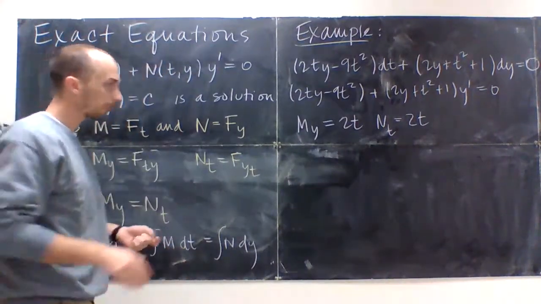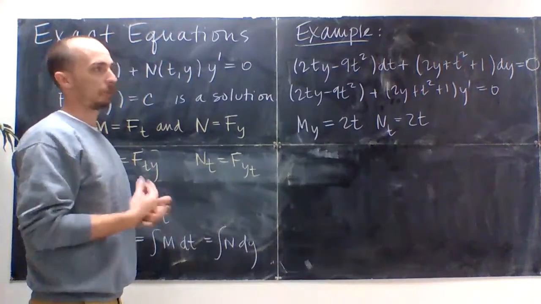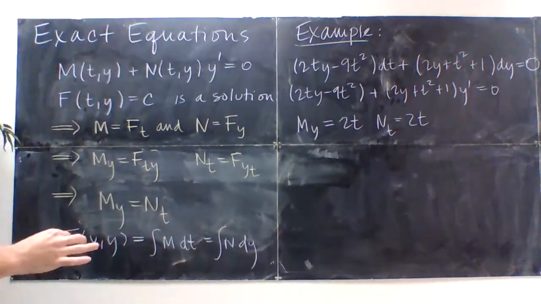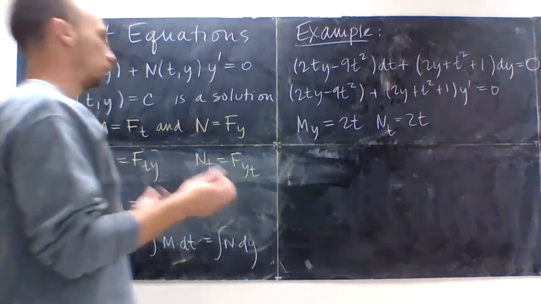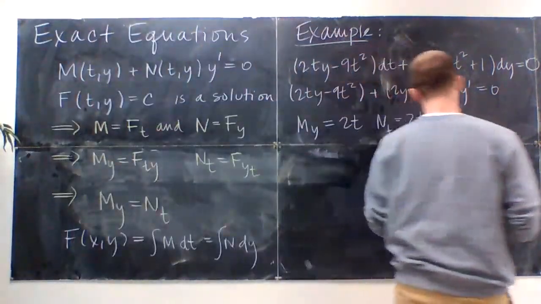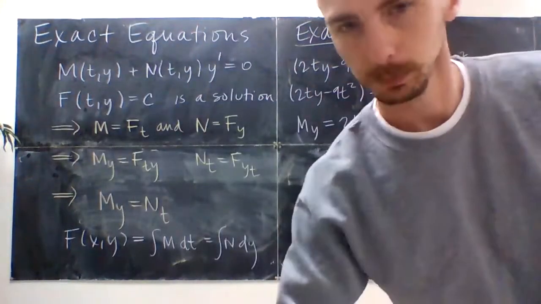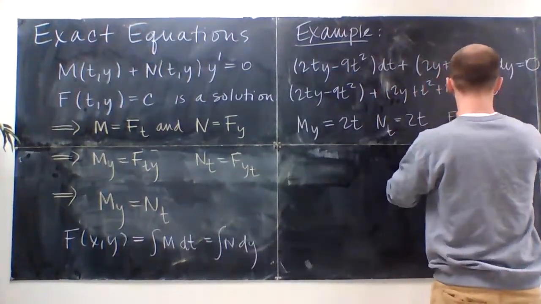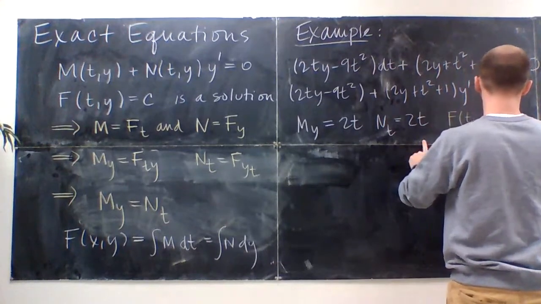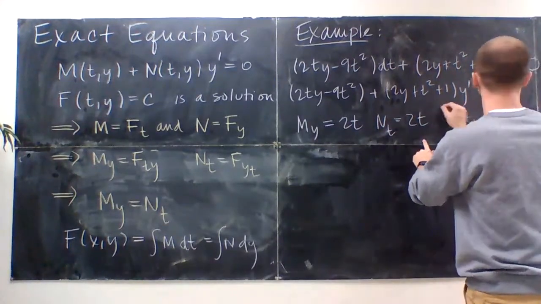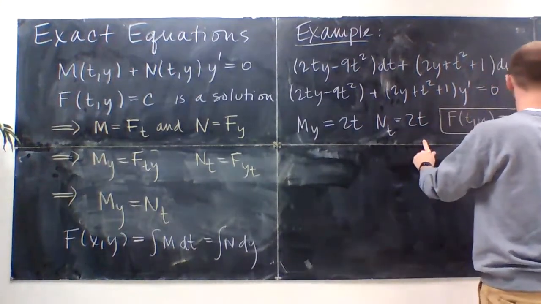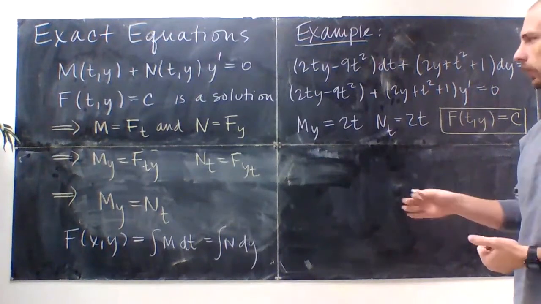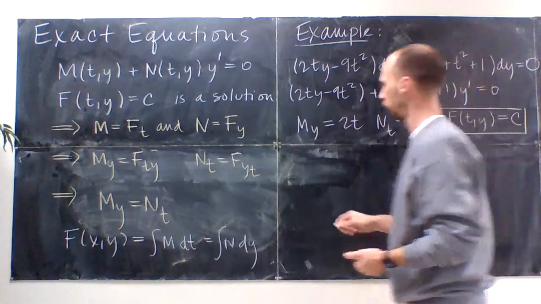Now, it's pretty much over, now that we know what we're looking for and what to expect, because I know that the solution is going to be some kind of curve, F of t and y is equal to c. That's what I'm going for. I know that f is going to be the antiderivative of this with respect to t.